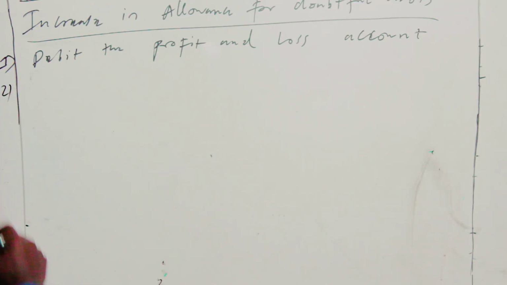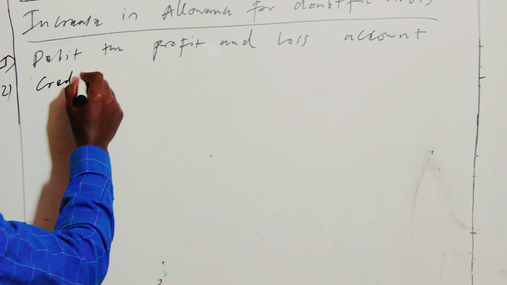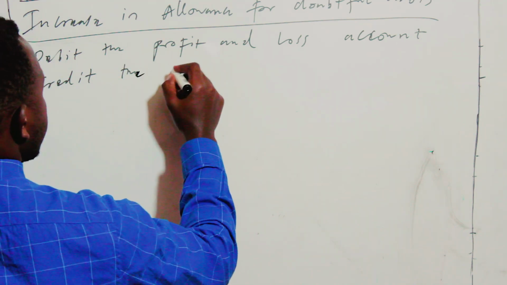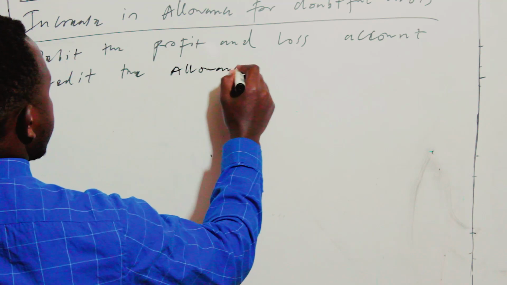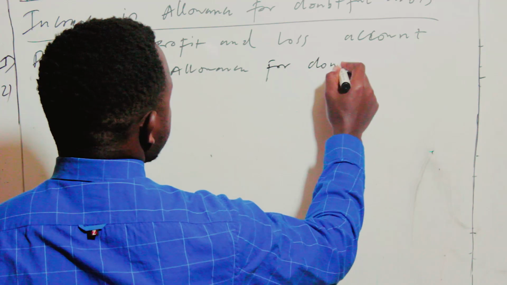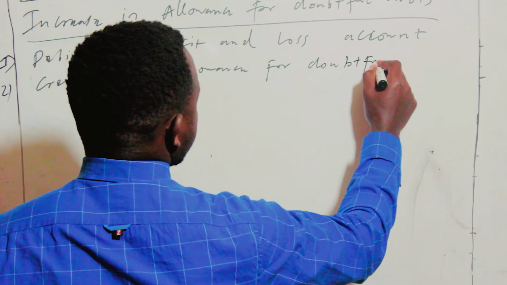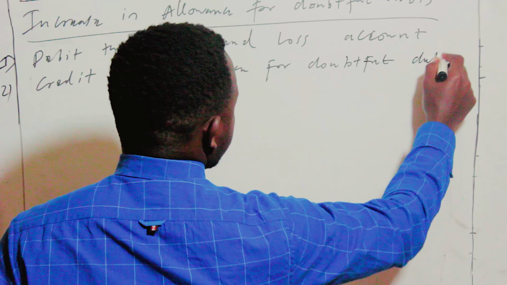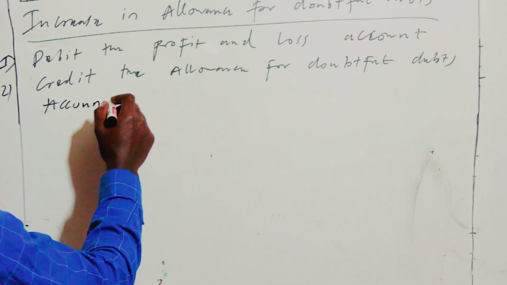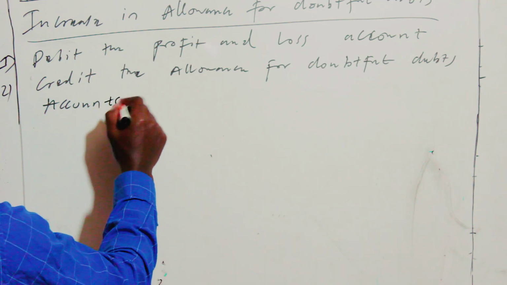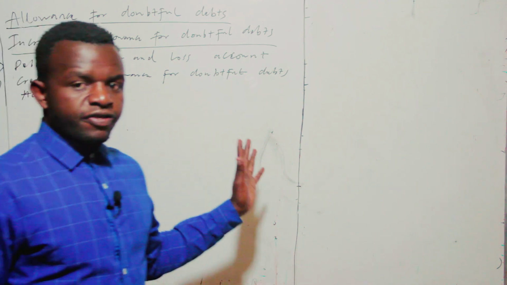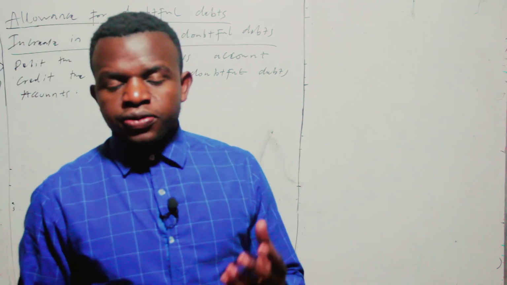Then the second thing is that you're going to credit the allowance for doubtful debts account.